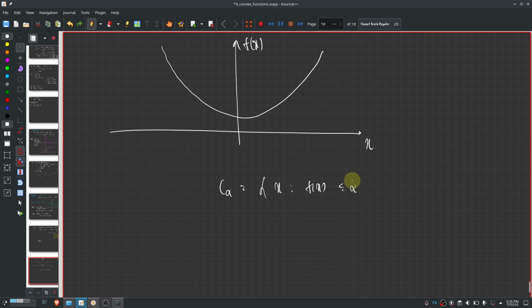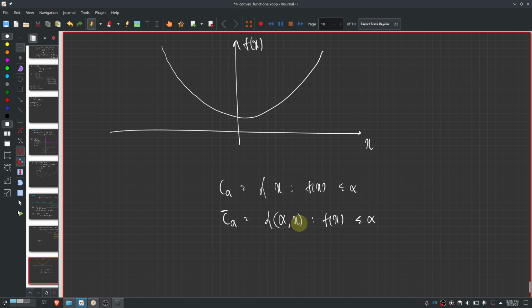Let me make a slight modification of this definition. Let me say that C bar alpha is the set of all alpha comma x such that f of x is less than or equal to alpha.